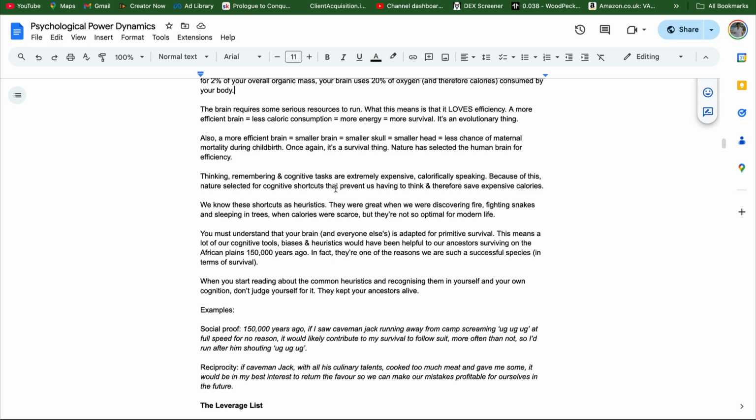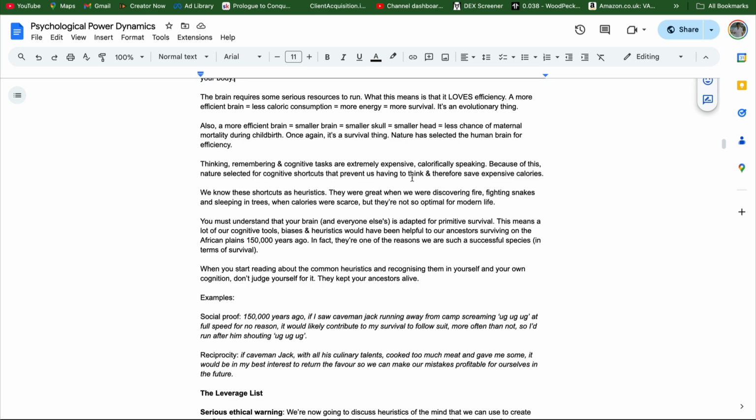Thinking, remembering, and cognitive tasks are extremely expensive, calorifically speaking, right? So everything that you are thinking about and tasks that you're doing that are very demanding are very expensive if we look at it in terms of energy, in terms of calories being expended.